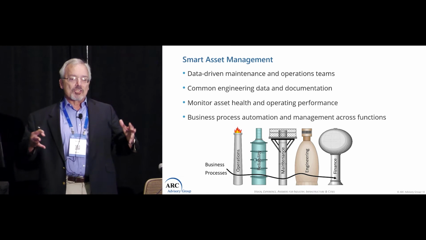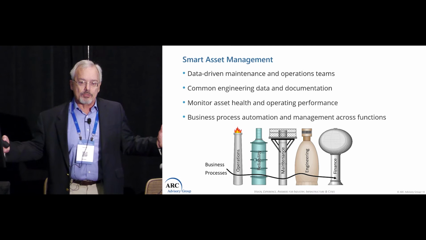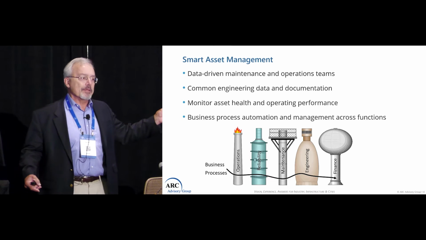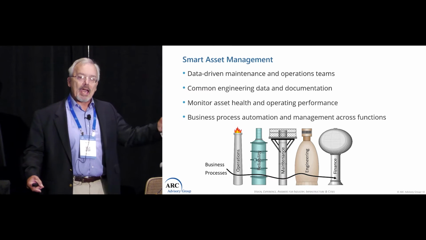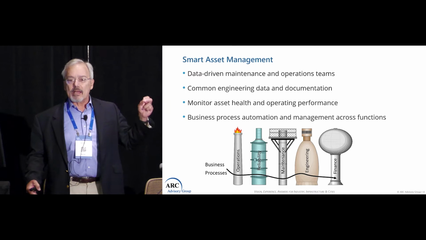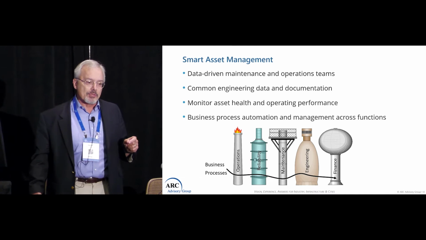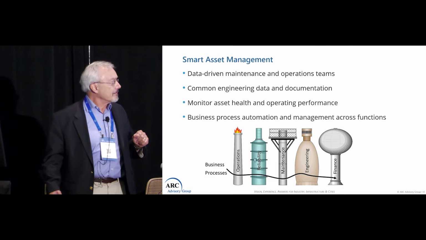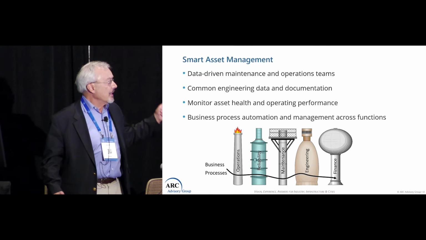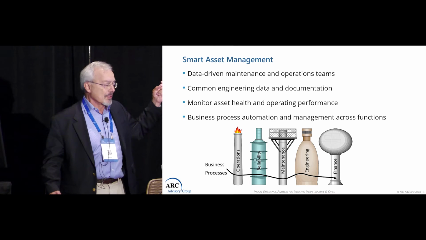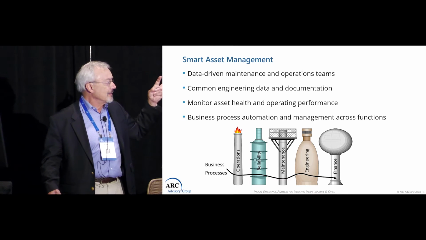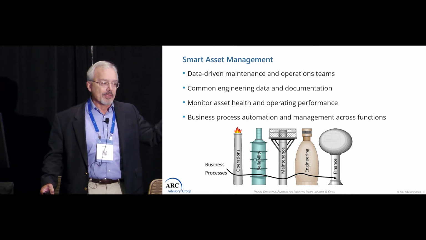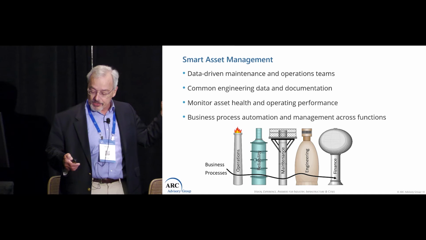So it becomes difficult to work across those functions. So smart asset management involves having common data and documentation across those silos so that you can have business process automation among them and higher efficiency. And that involves data-driven maintenance, common engineering, and for the critical assets, monitoring the asset health so you can have predictive maintenance, as an example.